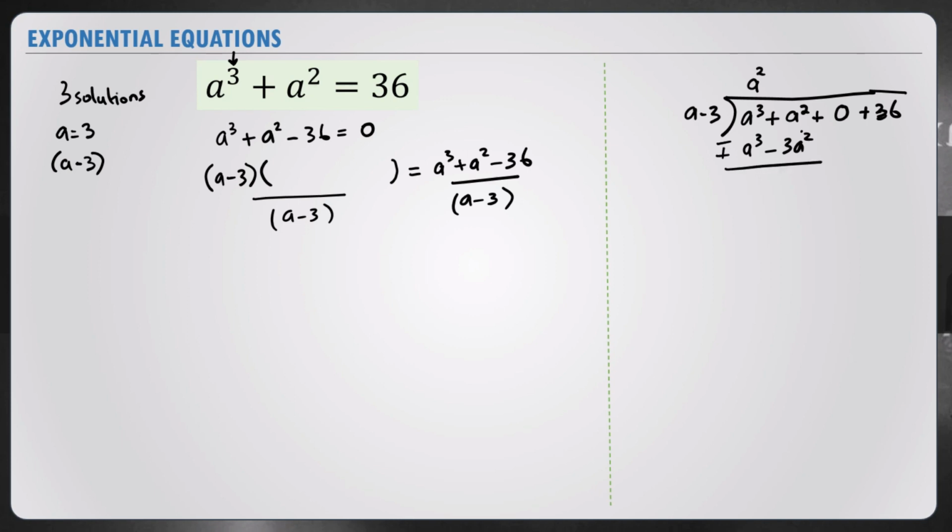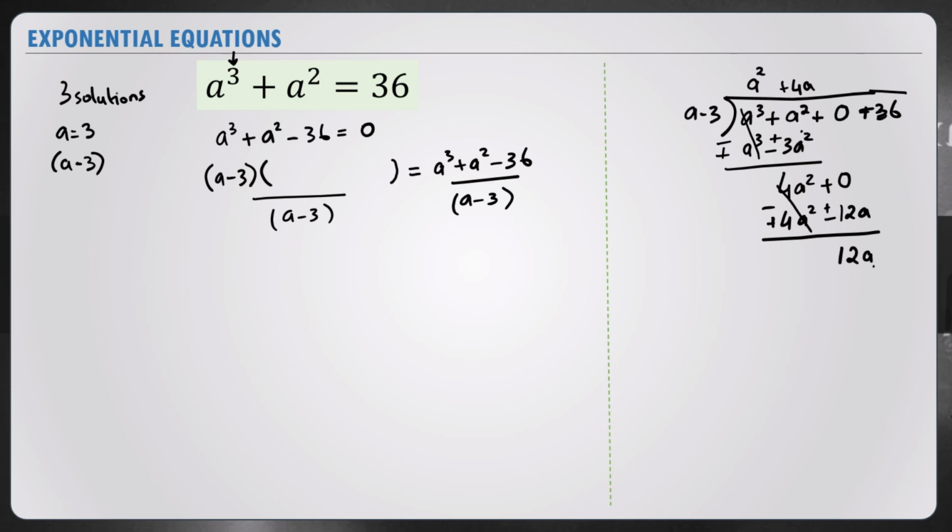Then, like in our regular division, subtract, and we get 4a squared plus 0. What gives me 4a squared? 4a into a plus 4a will give me 4a squared minus 3 fours are 12a. Subtracting, this cancels, and I get 12a minus 36.